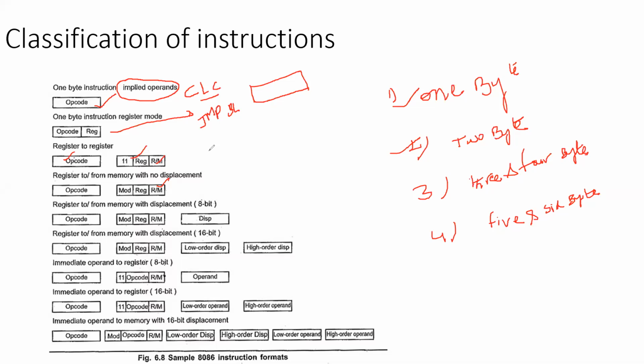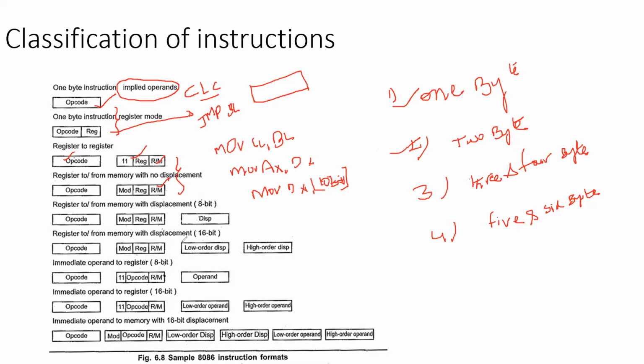Without any displacement, I can give you examples like MOV PL, BL, or else MOV AX, DX, or else MOV DX, 1075H. So these are some of the instructions that come under 2-byte instructions. These two come under 1-byte instructions.